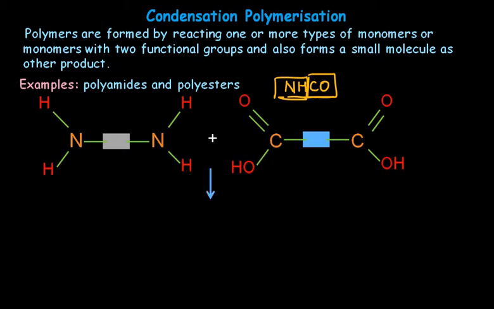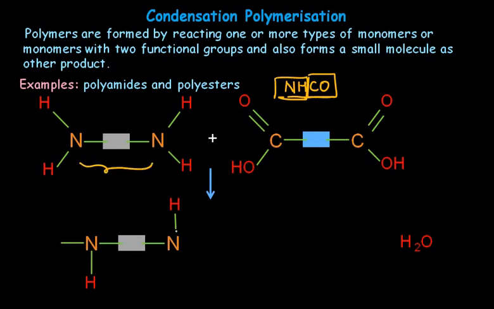So on reaction, the product formed has the water formed from the OH and H group, and the monomer of this part has only the NH group where one of the hydrogens is removed to form the water. So we can see that one H from both the amine groups is removed.